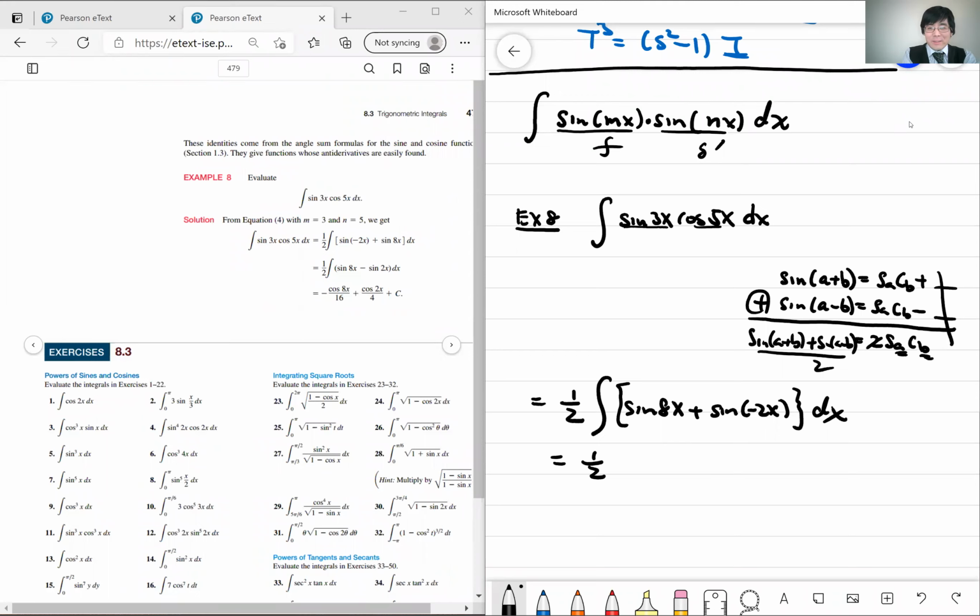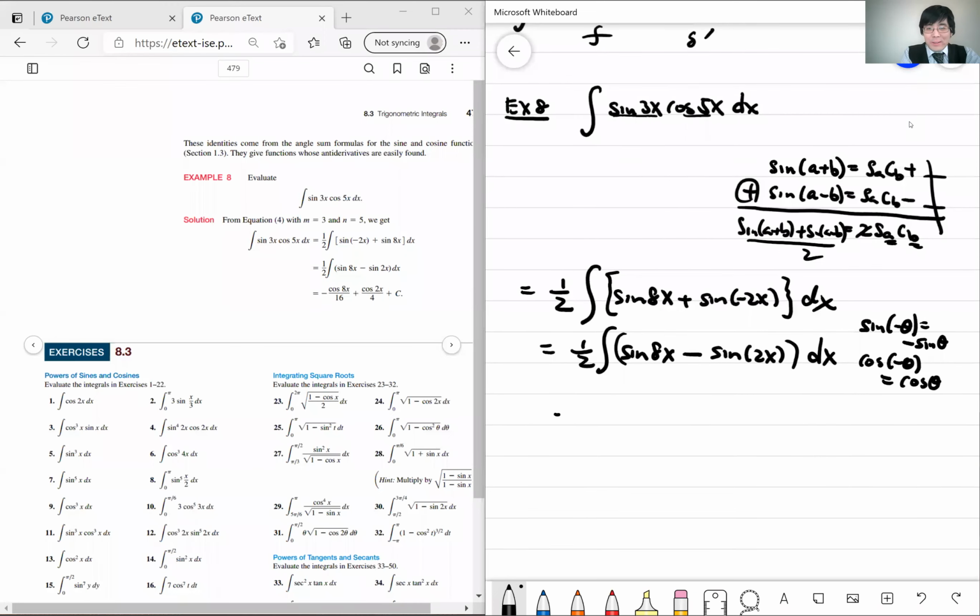So let's use the odd function property of sine to make the negative outside. Remember, sine of negative theta is equal to negative sine theta, while cosine of negative theta is equal to cosine theta, so you have to be careful about the difference.